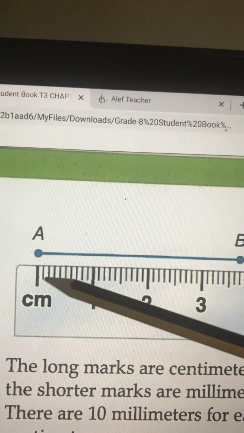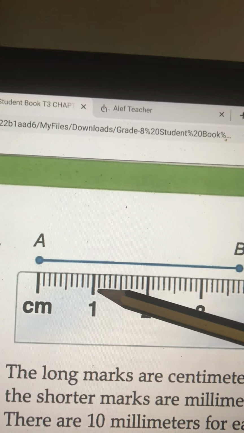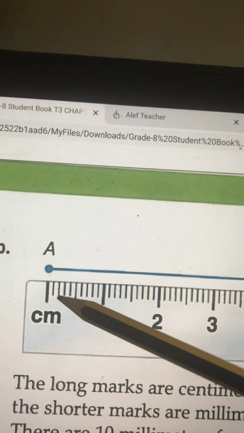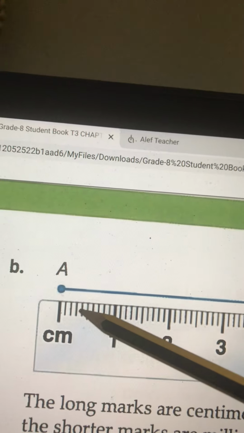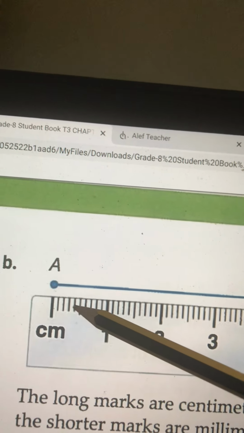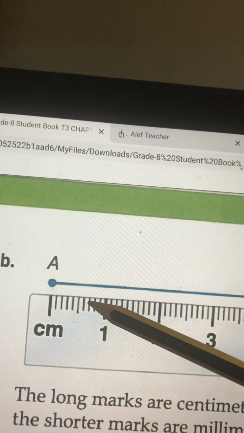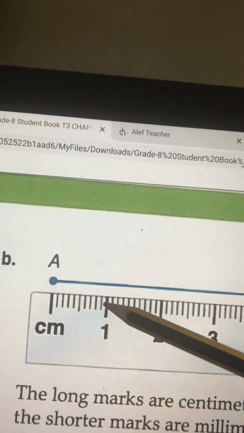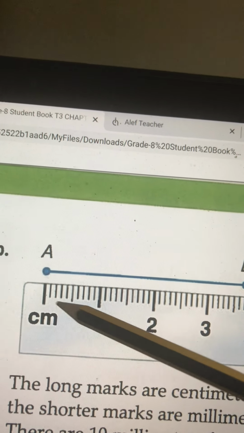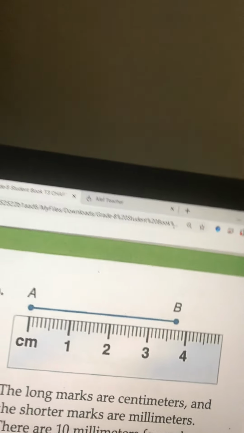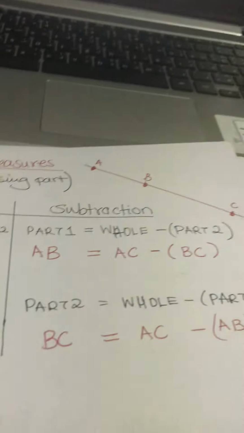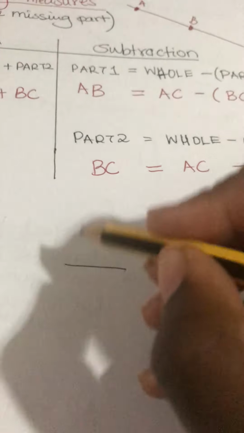Now, if I want to find the exact measurement of AB, I need to count how many spaces are from 0 to 1. So this should be 10: 1, 2, 3, 4, 5, 6, 7, 8, 9, 10. So there are 10 spaces between 0 and 1, and I will write 10 at the bottom.